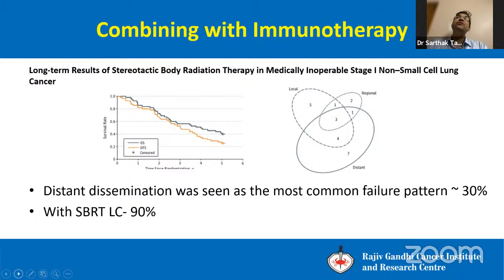So something we now have to take into account is that patients being treated with SABR have distant failures rather than local failures, and we should probably add immunotherapy. As we all know, conventional chemotherapy is something these patients do not tolerate well. These are already medically inoperable patients with high comorbidities, and we are not able to give conventional chemotherapies. For those patients, maybe adding immunotherapy to SABR might control these distant failures as well.